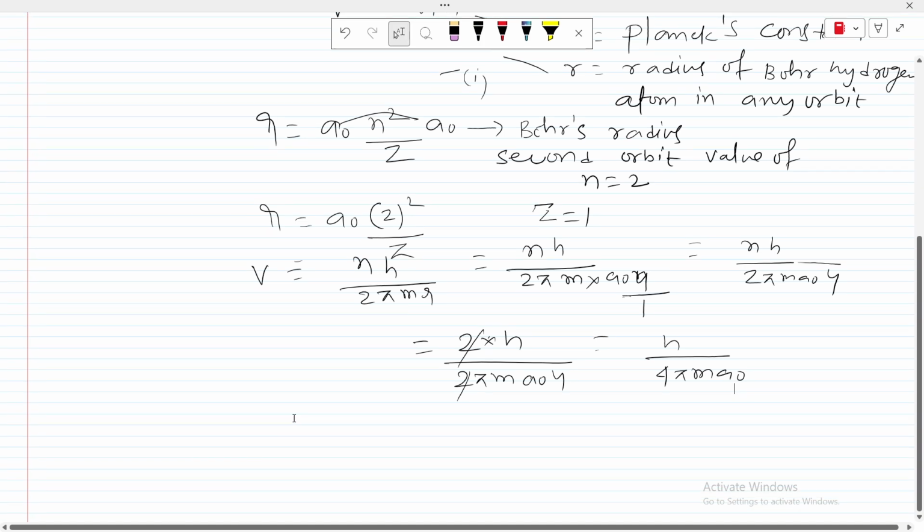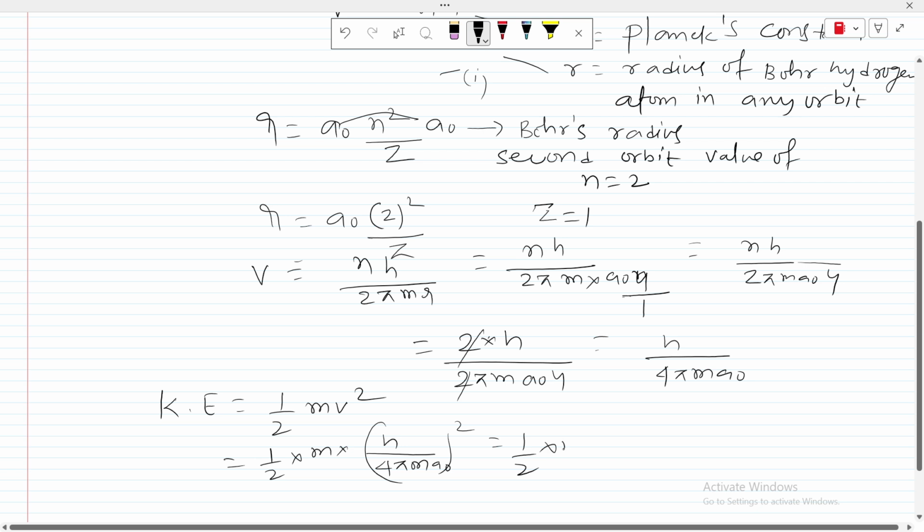If you put the value of v in the equation of kinetic energy equal to half m v square, it is equal to half m into h upon 4 pi m a naught, its whole square. So half m h square upon 16 pi square m square a naught square.